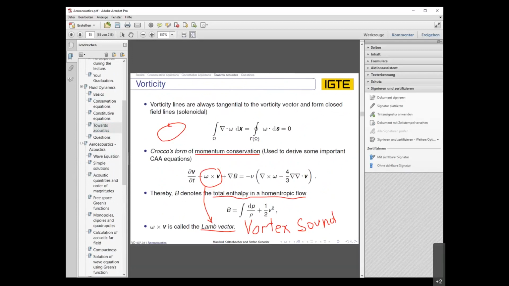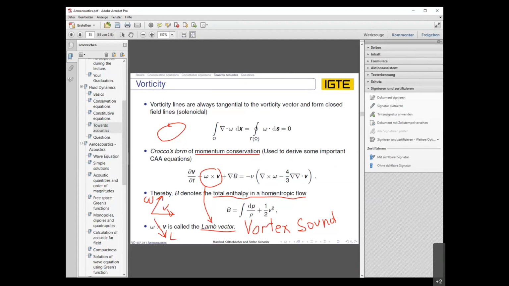So we have the lambda vector, and it is pointing in one direction. When the velocity is like this, with the velocity here, you have this right hand rule, and the lambda vector is pointing in this direction.